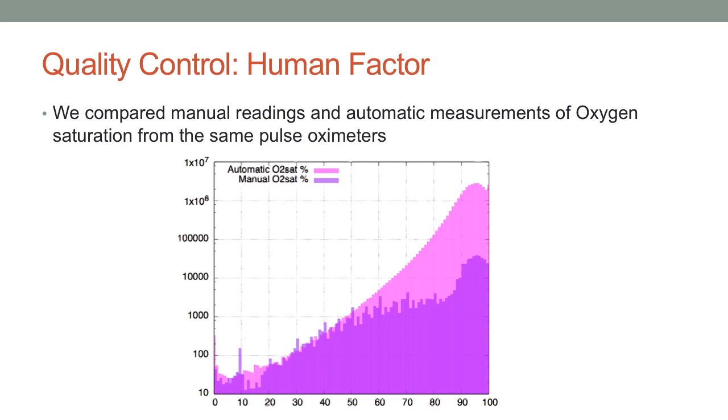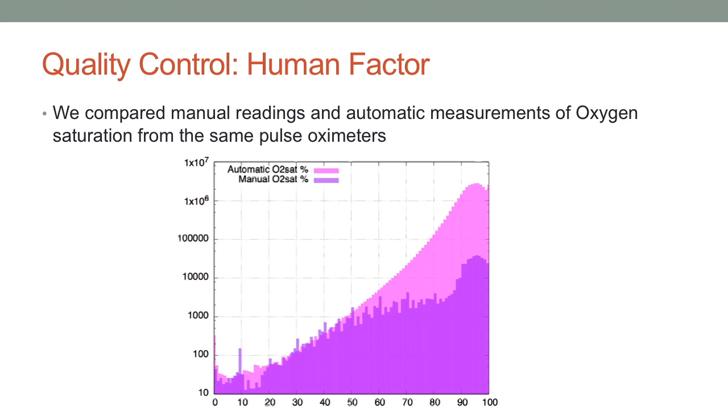We can also use this data to look for the human factor. We are using automatic measurements of pulse oxygen saturation from pulse oximeters, but also the nurses are writing down the oxygen saturation. When we have the automatic collection, we have the light pink curve, a very beautiful bell curve, note the logarithmic scale. But with manual recordings, you can notice those peaks.